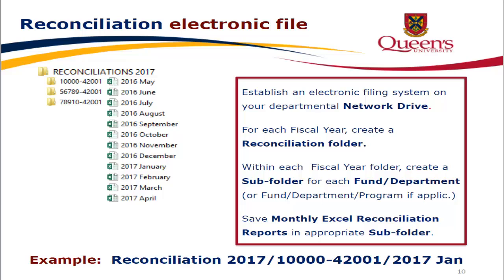For example, when saving the Fund 10,000, Department 42001, January 2017 monthly reconciliation report, since the period falls within fiscal 2017, your file name might read Reconciliation 2017 10,000 42001 2017 January.